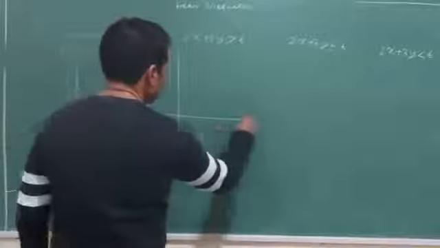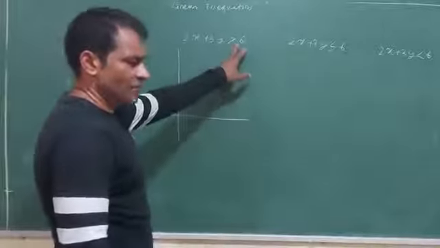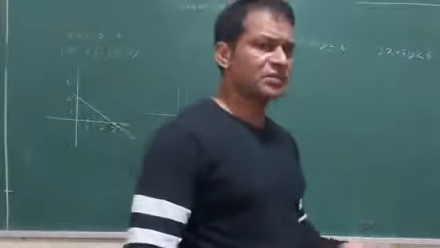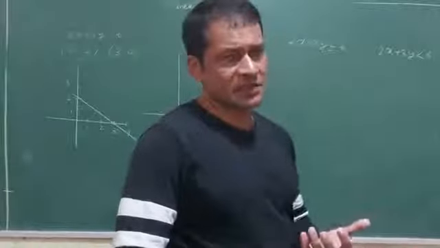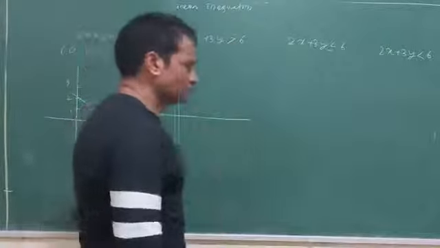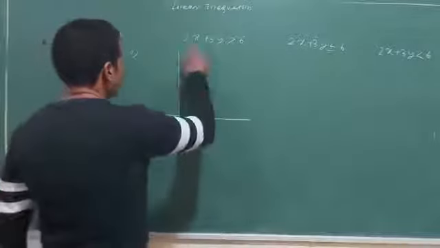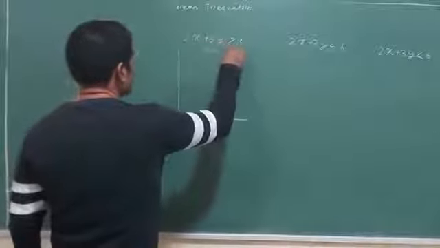When I get an inequality, my first condition is that the constant value should be positive and on the right hand side. If it is not positive, suppose it is -6, then multiply by minus on both sides, change the inequality and make it positive.